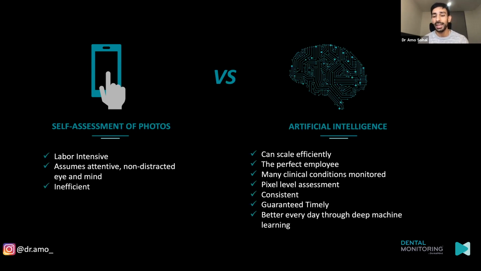And the AI, every single day, it will get better and better and better. The more and more images that the AI will receive, the better it will get. This is not just for dental, but this is just in general for AI technology, whether you're looking at facial recognition systems, or you're looking at, for example, self-driving cars, or some of you may have seen this documentary AlphaGo, where they made a machine which would compete against the best, most intellectual players of certain games.